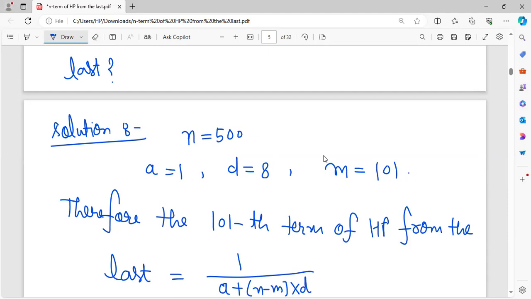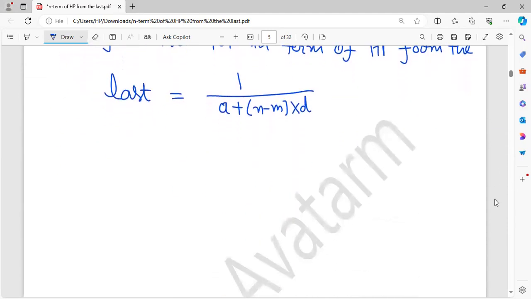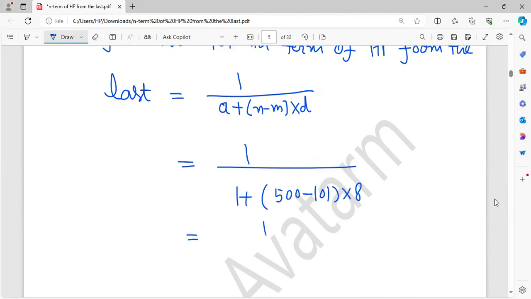Okay. So what is A here? A is 1 plus, N is 500, M is 101. And what is D? D is 8. So it is 1 upon 1 plus 399 into 8.